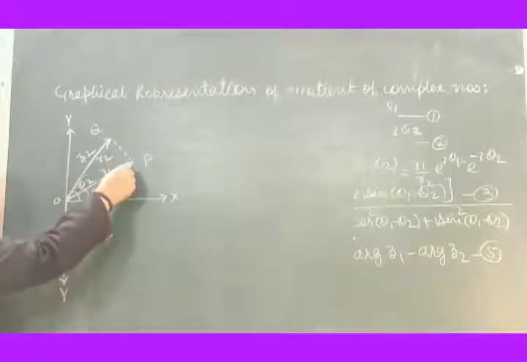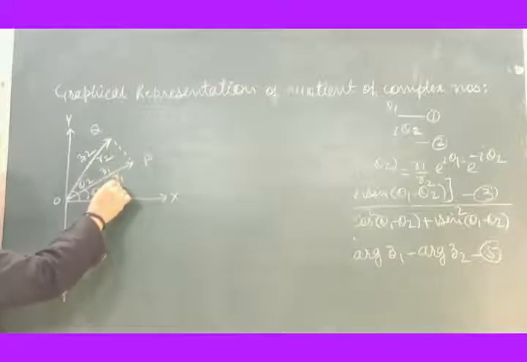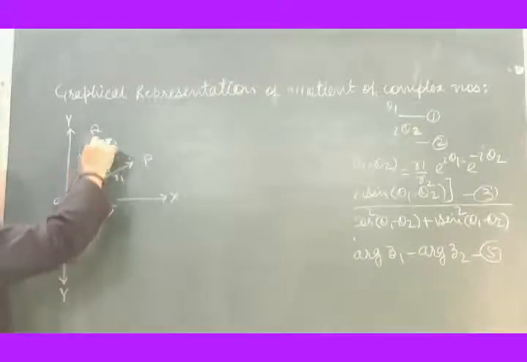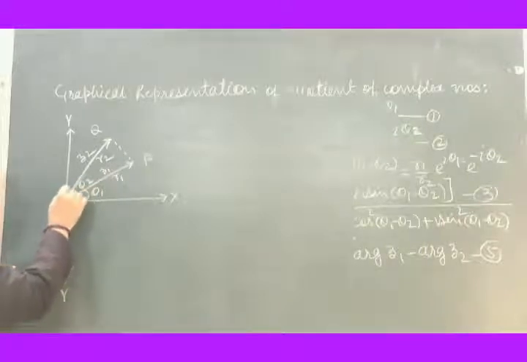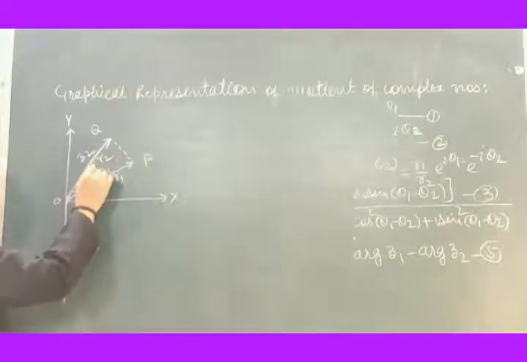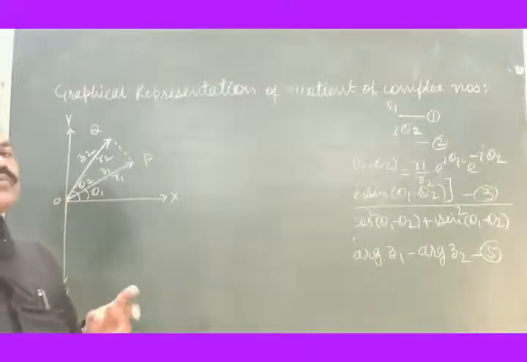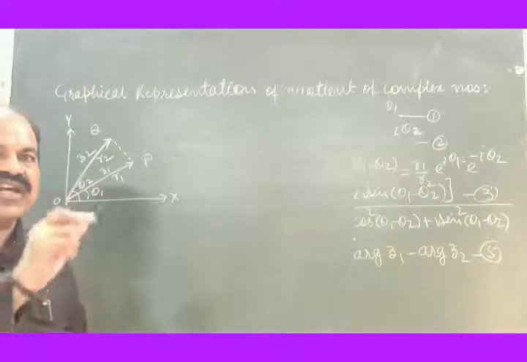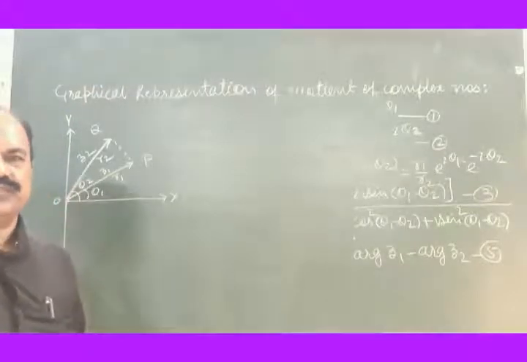Argument of z1 is theta 1, modulus of z1 is r1. Argument of z2 is theta 2 and the modulus of z2 is r2. These are the two given complex numbers. This is the graphical representation of the two given complex numbers which I have quoted in equation 1 and equation 2.